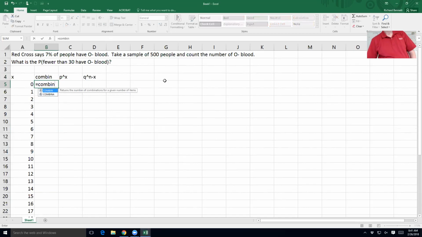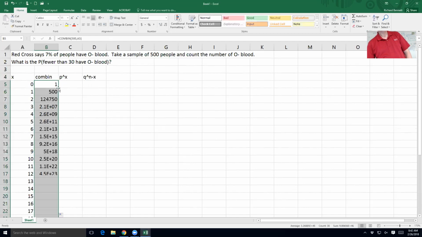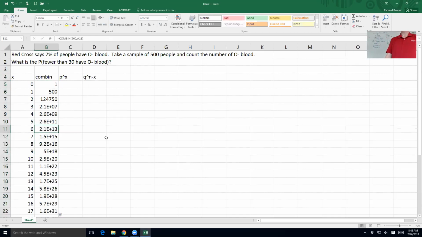Number is 500, number chosen is 0. Only one. This will get bigger. In fact, just for fun, I'm going to copy that down. Look, we're already at 10 to the 13th by the time we get up to 6. Extra credit: write out the sample space before class tomorrow.